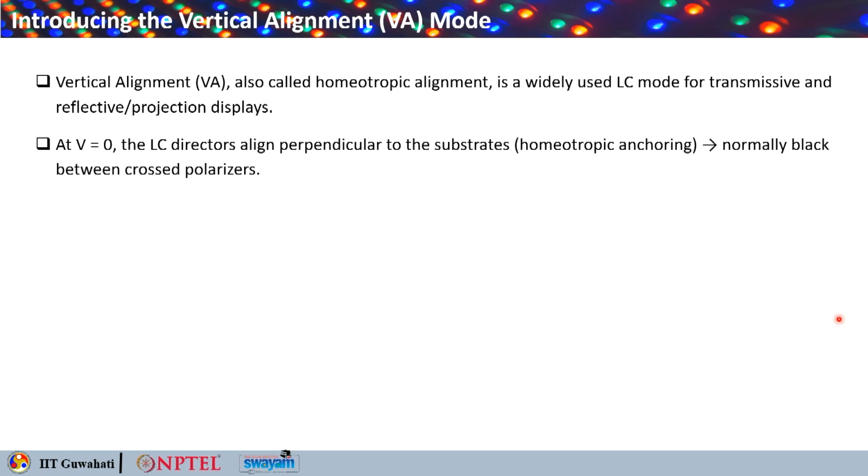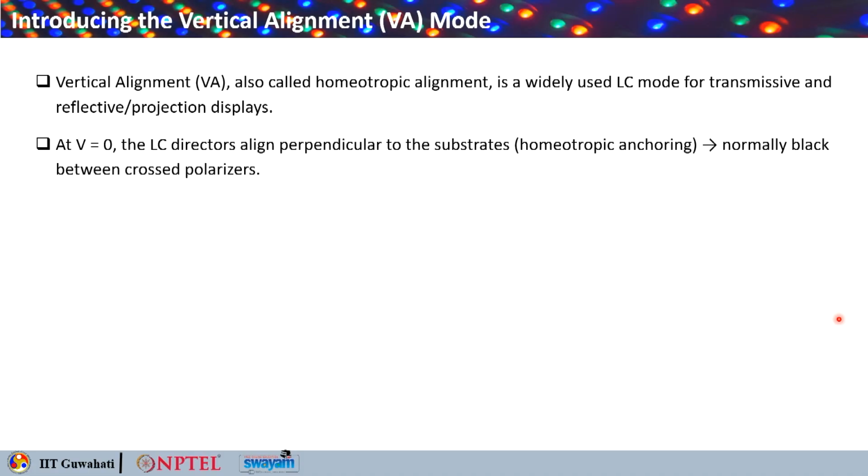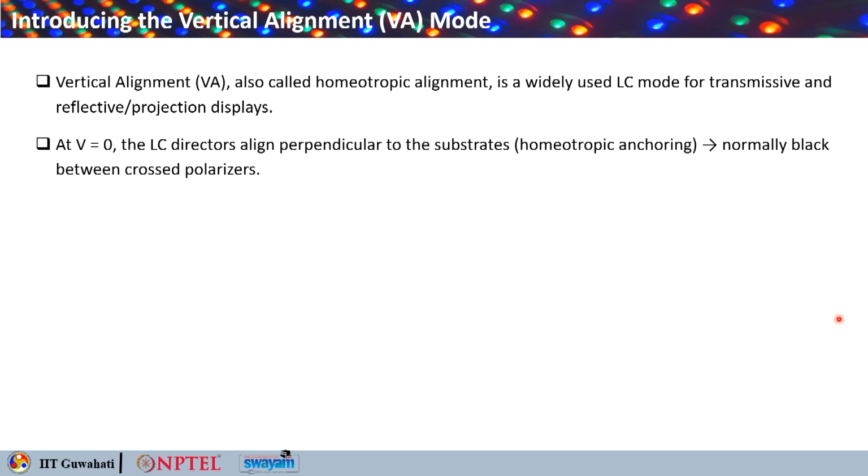Now, the emphasis on the geometry is that unlike the twisted nematic or in-plane switching, where the directors lie roughly in plane, in vertical alignment the cells anchor the liquid crystal directors perpendicular to the glass at zero voltage. That is why the name homeotropic. Now, between crossed polarizers, this gives an excellent dark state, because normally incident light sees no birefringence, right?